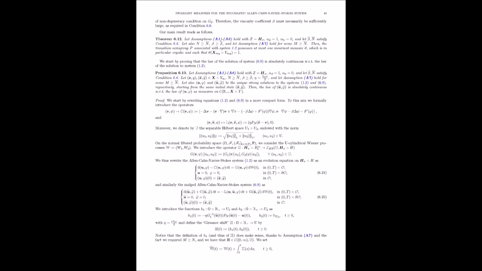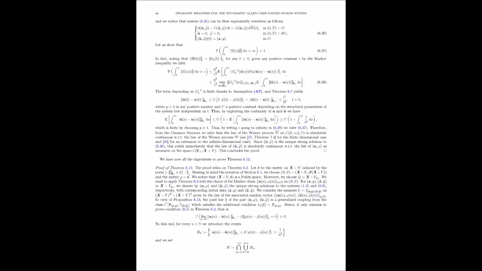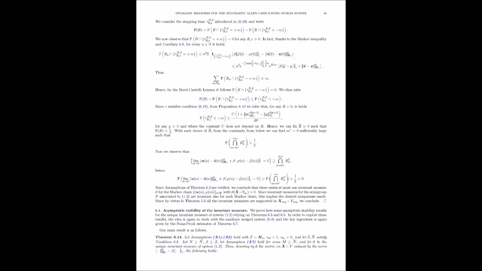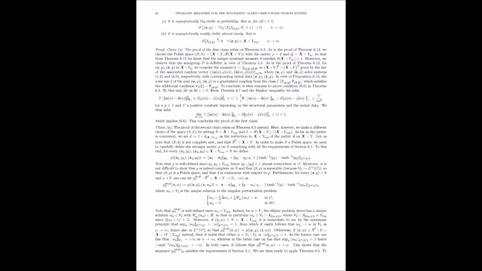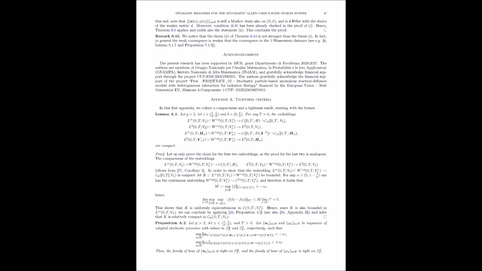And if the noise didn't act directly on enough of those low modes, we might lose that crucial control mechanism that's driving convergence. The Foyas-Prodi estimate that we talked about earlier might not even apply anymore. The whole delicate balance of the system could be disrupted. So it's a good reminder that those seemingly small details, those assumptions we make, can actually have a huge impact on the overall behavior of the model. Absolutely.